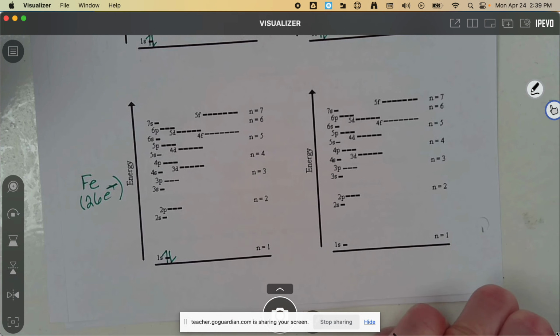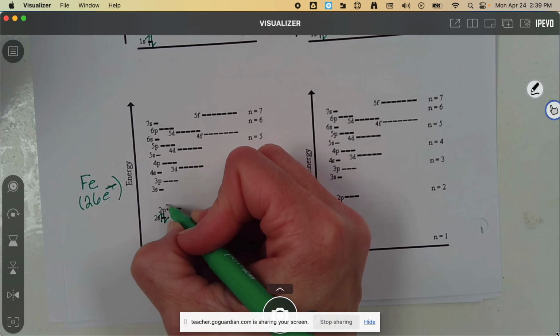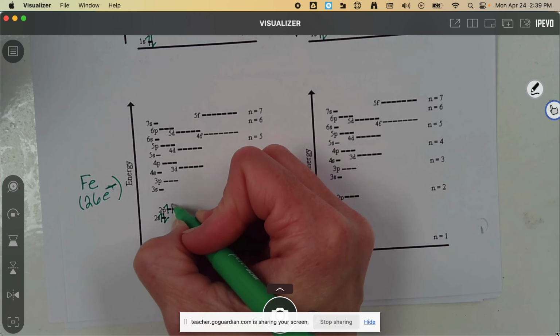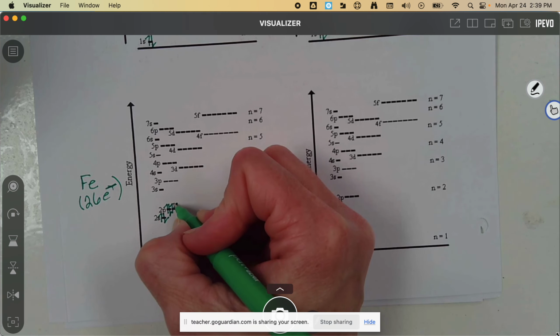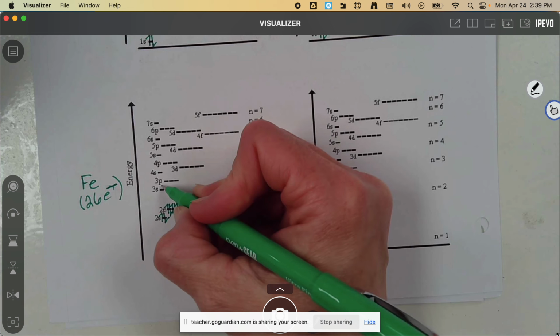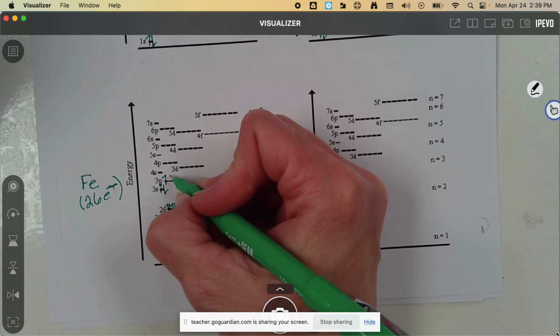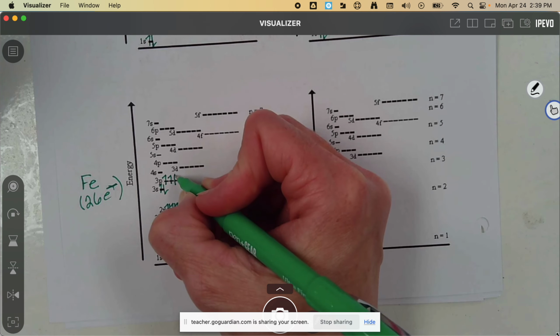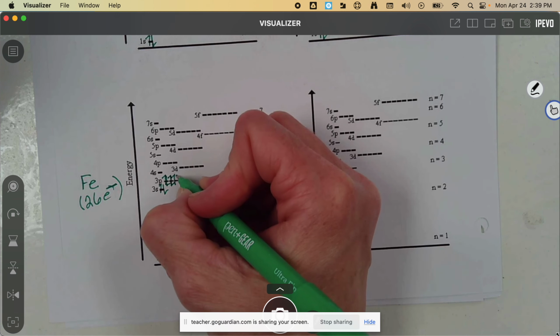1, 2, 3, 4, 5, 6, 7, 8, 9, 10. So notice I did all the ups, then all the downs. 11, 12, 13, 14, 15, 16, 17, 18.